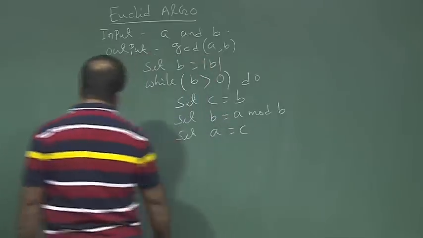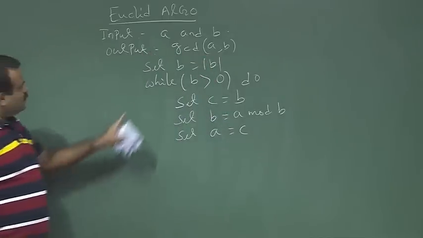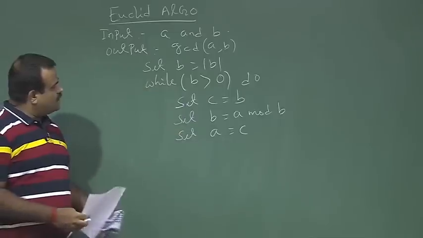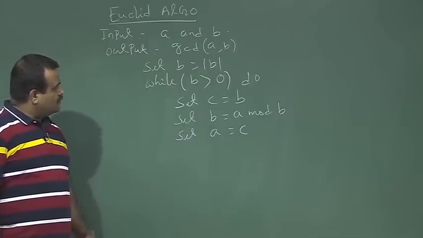So, this is the code for finding the GCD. Basically this is a while loop, and it will execute until b becomes 0.